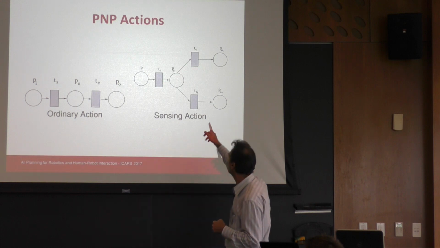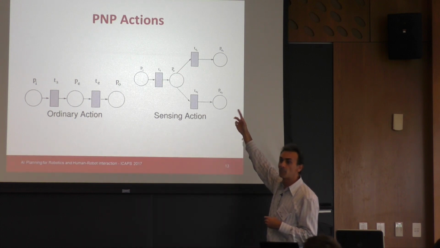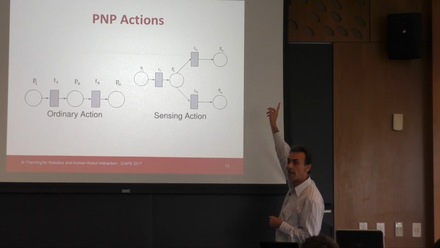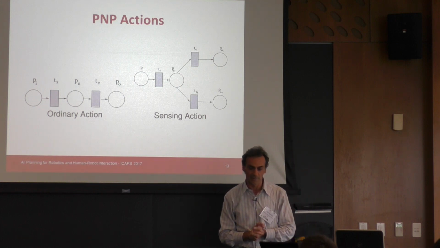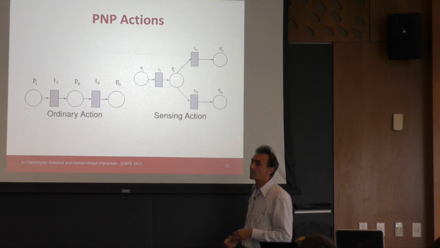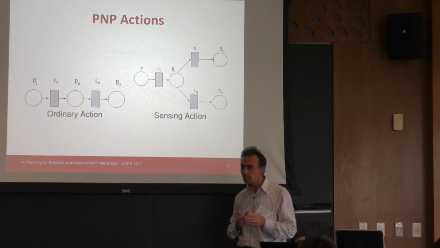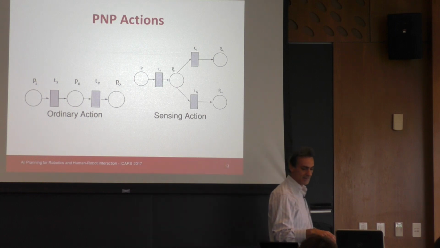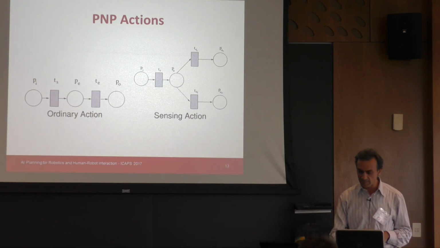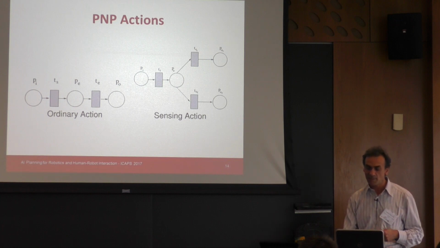If the property is true, we will go up. If it's false, we will go down, and we continue only on this. As I said before, if the transitions are mutually exclusive, there is no possibility that all the branches will be executed.